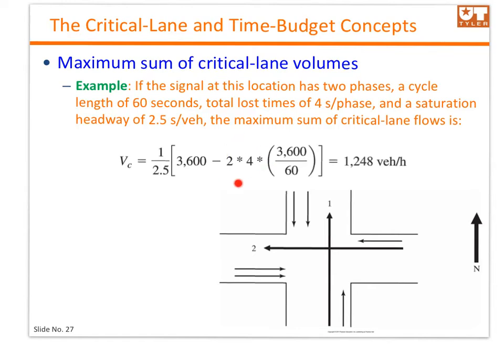So overall we have 8 seconds of lost time per cycle, times the number of cycles per hour, which is 3600 seconds over 60 seconds. And this leads us to the answer: 1248 vehicles per hour as the maximum sum of critical lane flow.